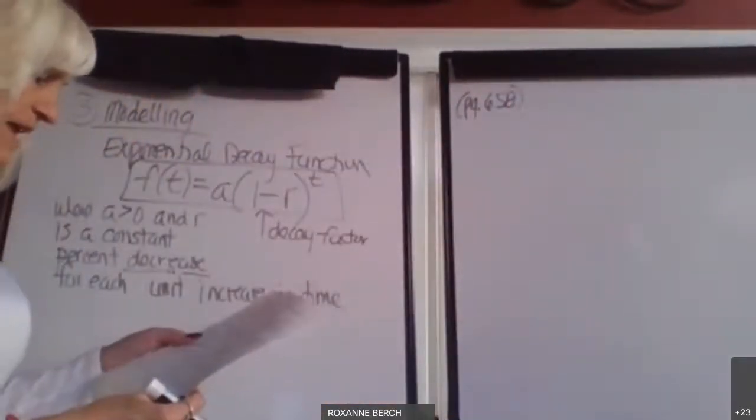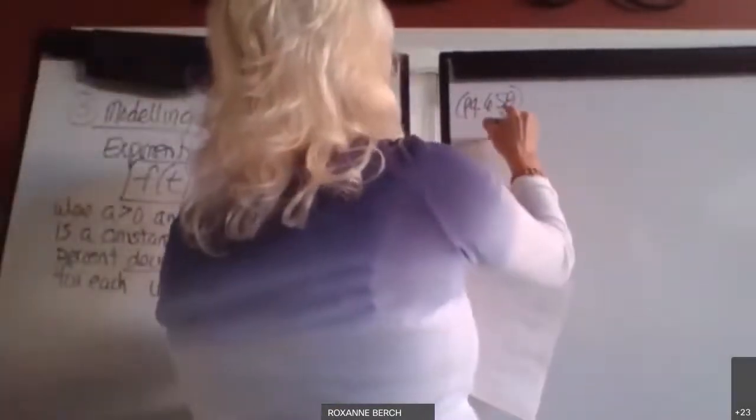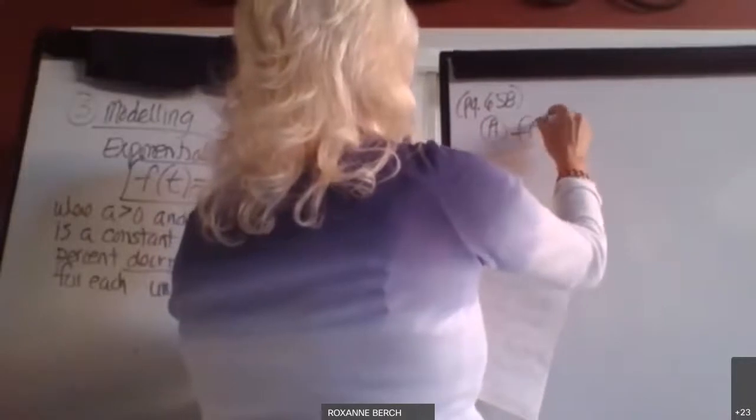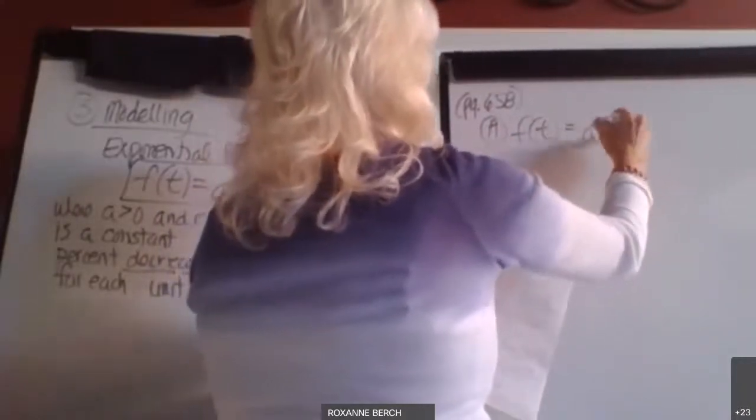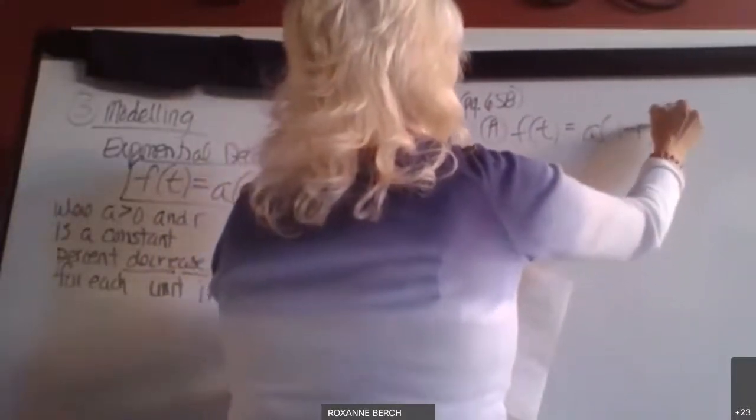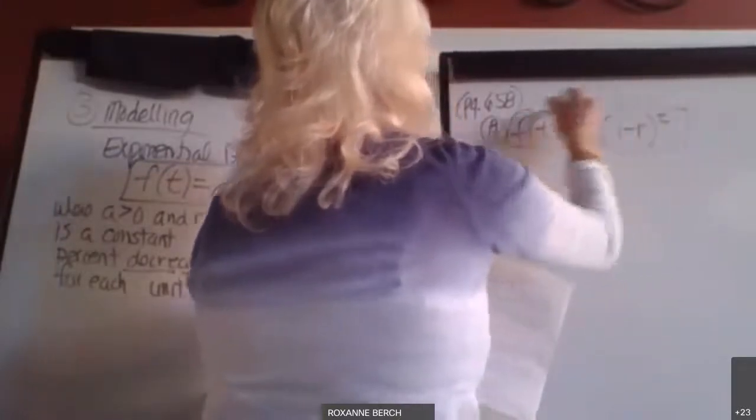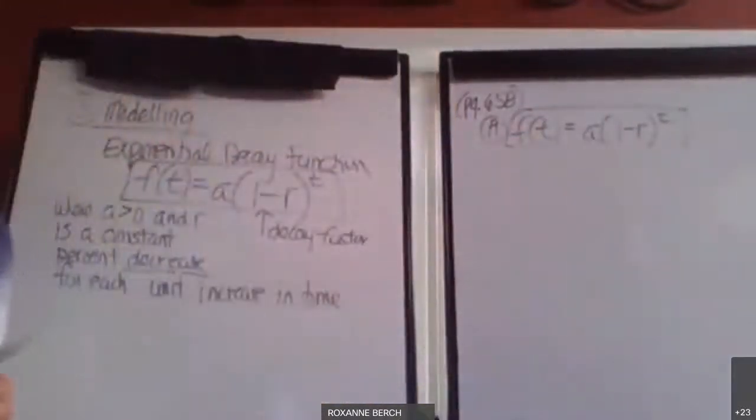So on page 658, this is A. Let's read the problem. Well, actually, the directions say, give the description of the decay terms, write the exponential decay function, and then graph.